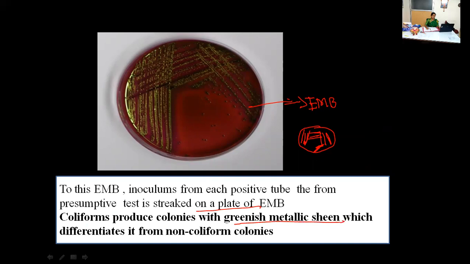Here you can see the greenish metallic sheen with the precipitate condition on this particular EMB plate, which differentiates it from non-coliform colonies. Non-coliform colonies will not grow in this EMB complex, whereas only coliform bacteria can grow in the EMB agar plate.